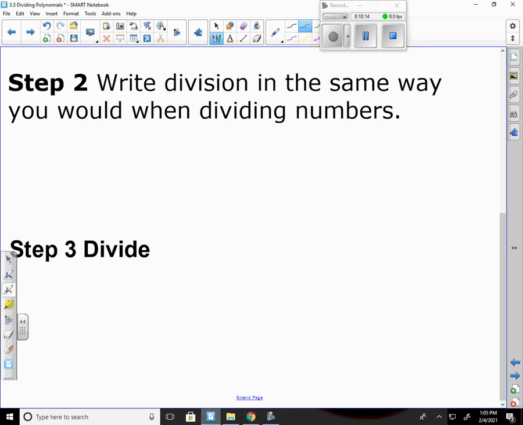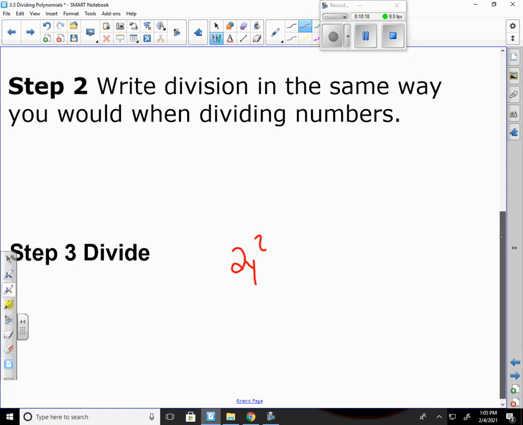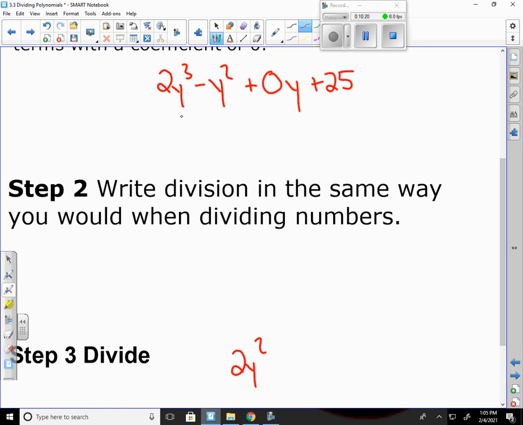I'm dividing that by y minus 3, so that's 2y to the third minus y squared plus 0y plus 25, and this is all divided by y minus 3 now.